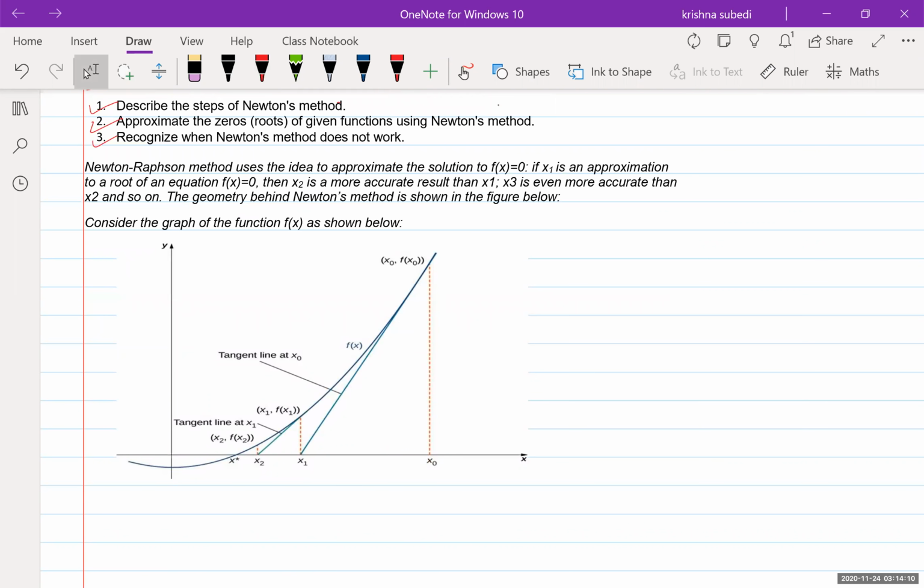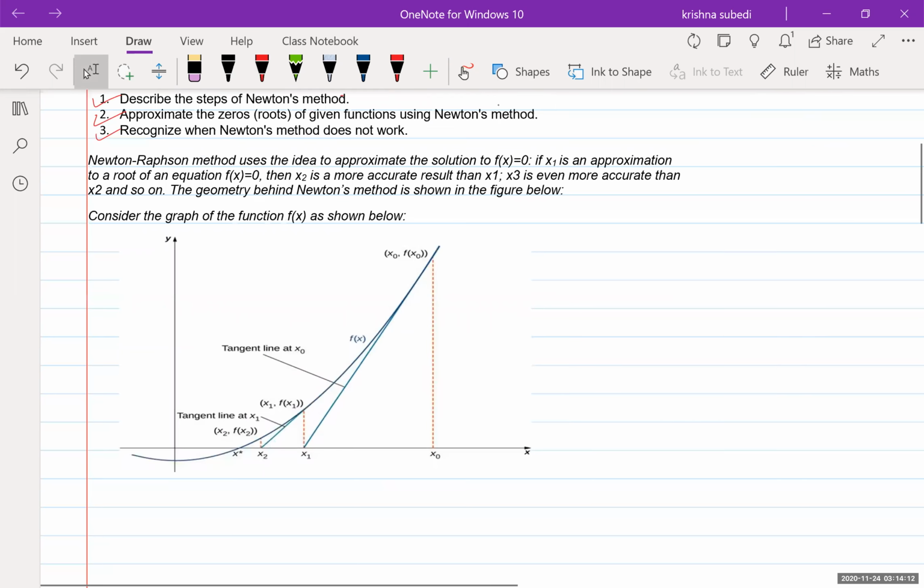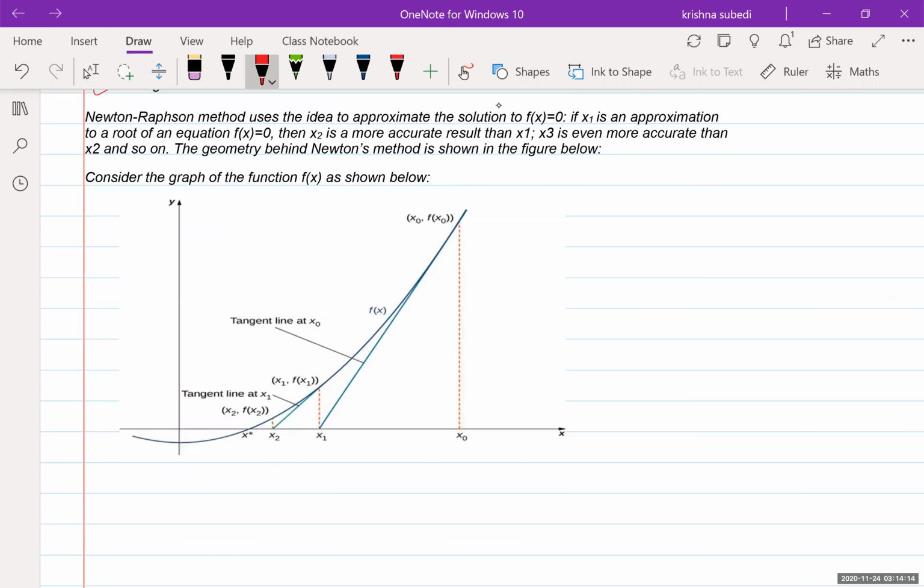Look at this graph. When we say roots or zeros or solution, what we are talking about is this value right here, where the graph crosses the x-axis. This is called the roots or zeros or solution to the equation, okay?